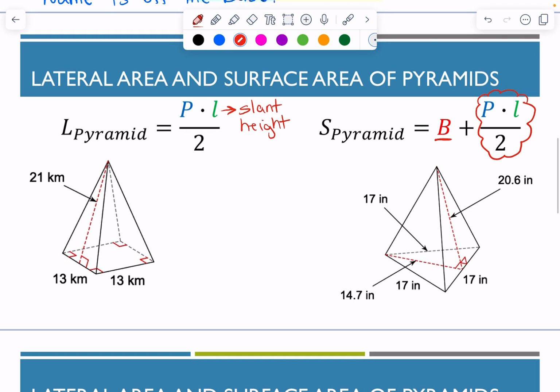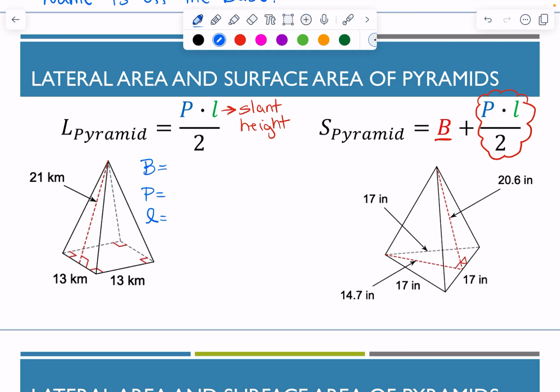All right, so let's take a look at this then. So we're going to start here on the first one. If you notice, I have a square pyramid. Okay, so I'm going to start off with the lateral area. So the first thing I want to know is I'm going to find all three pieces. I'm going to find the base, I'm going to find the perimeter, and then I'm going to find the slant height.